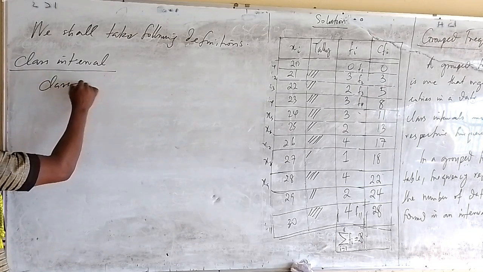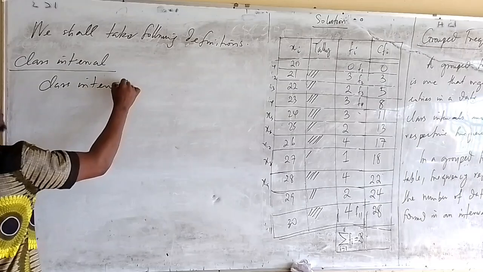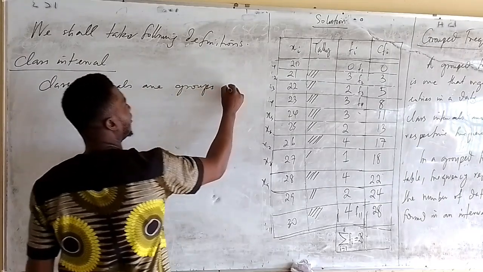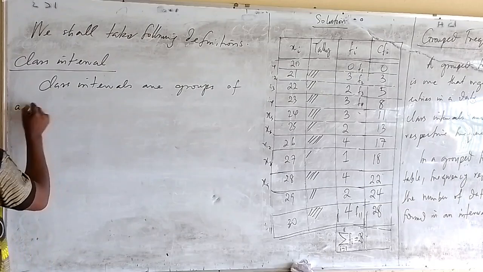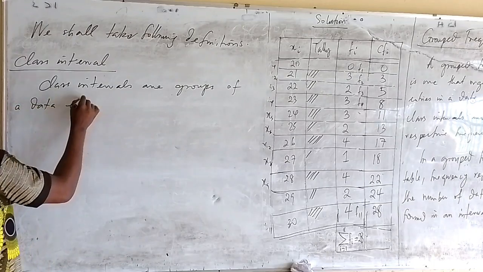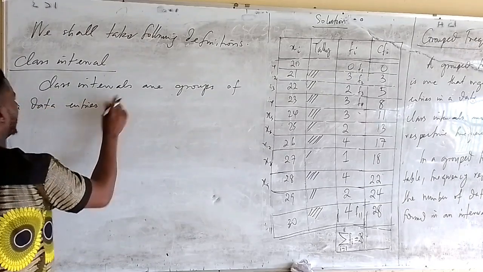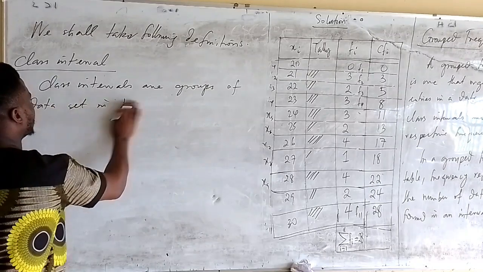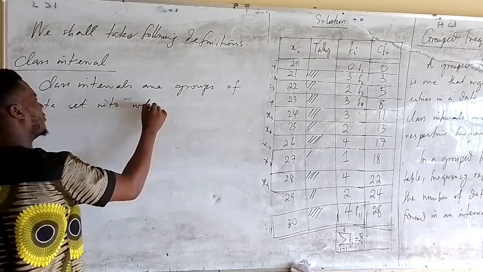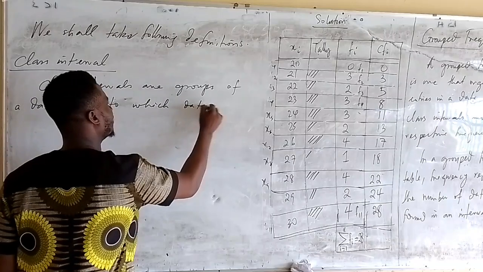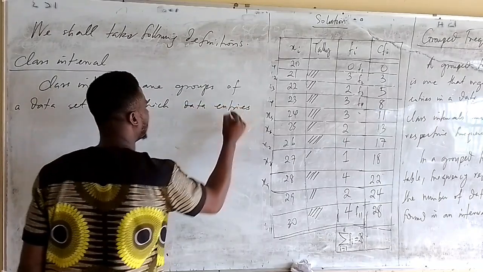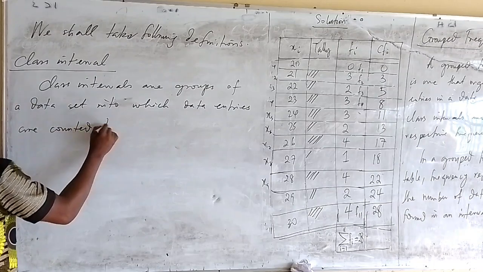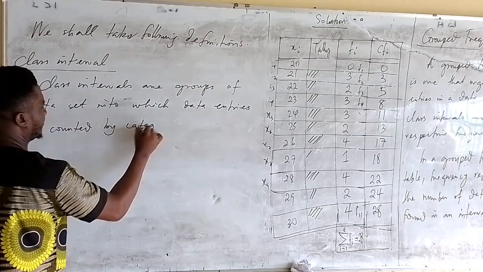Class intervals are groups of a data set into which data entries are counted by category.